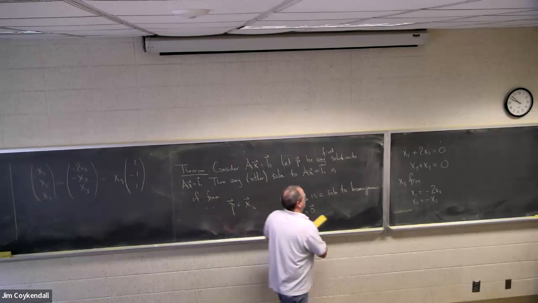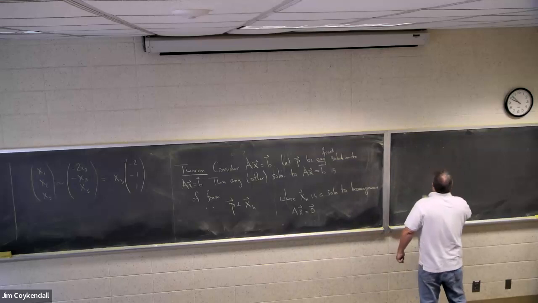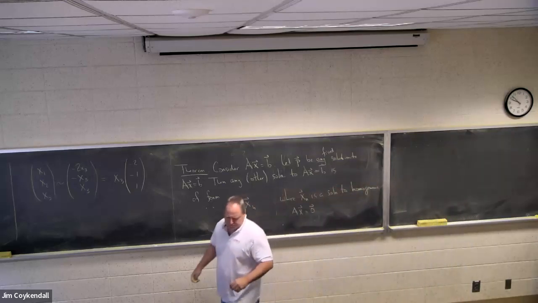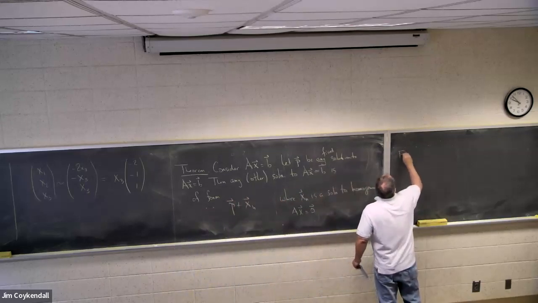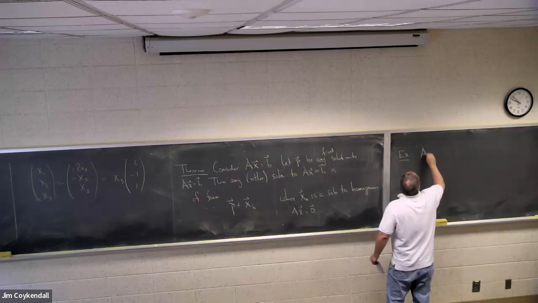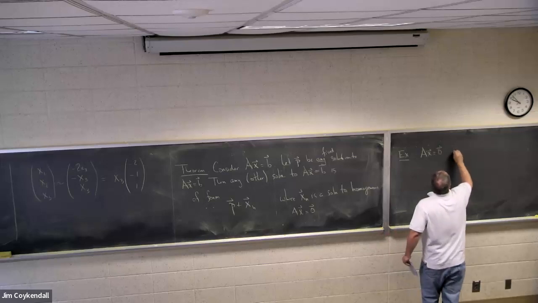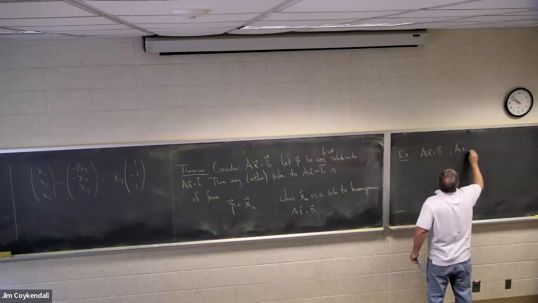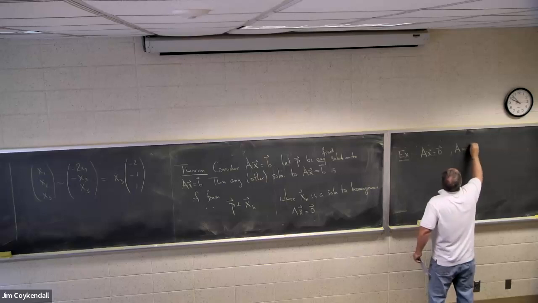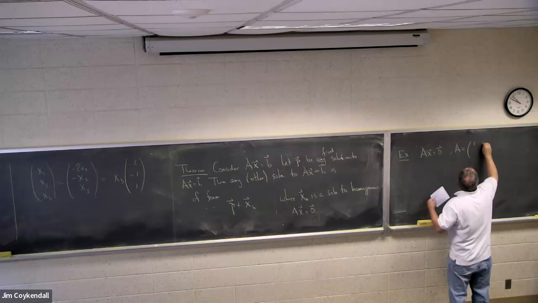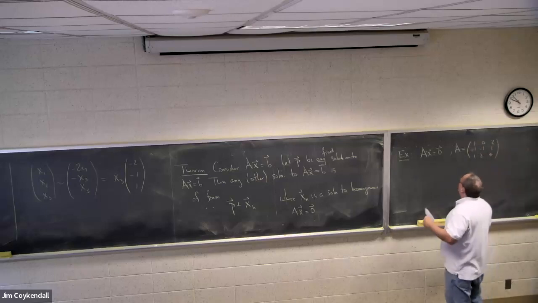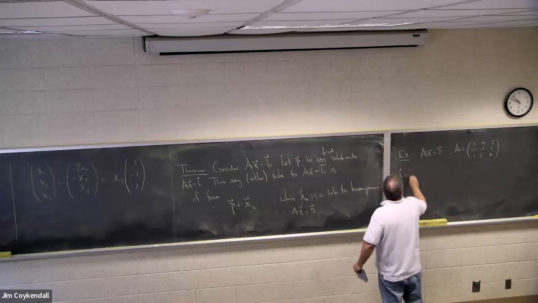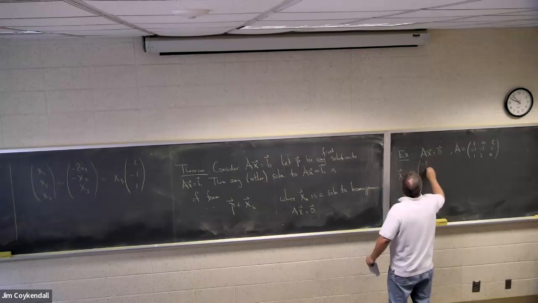So, for example, where A equals this matrix in the previous example, 1 -1 1, 1 2 4, then any homogeneous solution is in the form of x3 times (-2, -1, 1).